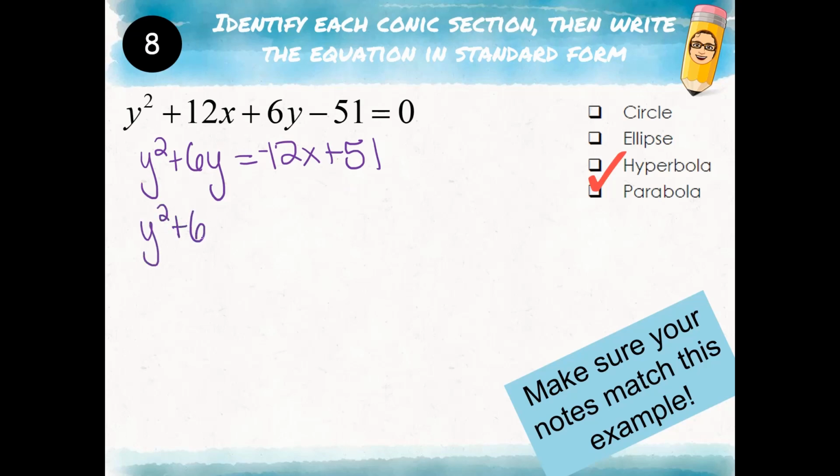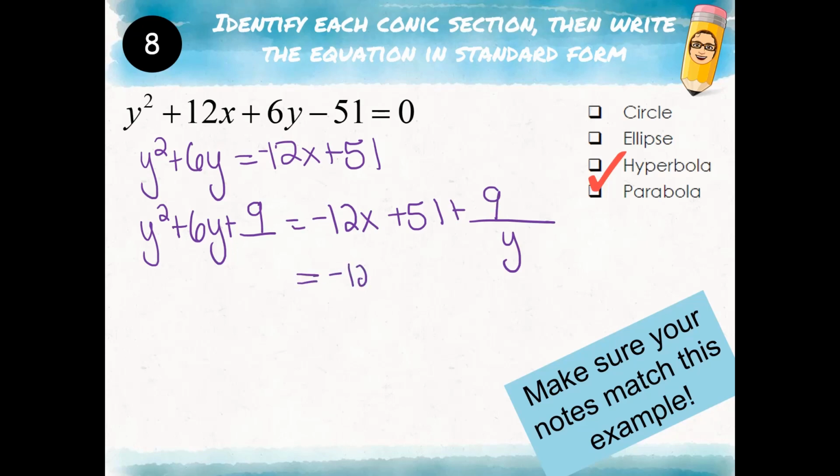Let's make room for blank. Notice there's a 1 here, so we don't have to worry about multiplying by any means. I'm going to go 6 divided by 2 and square that. It's going to give me 9. So over here, I'm going to get negative 12x plus 60. Over on the left, if we factor y squared plus 6y plus 9, I'll get y plus 3 quantity squared.